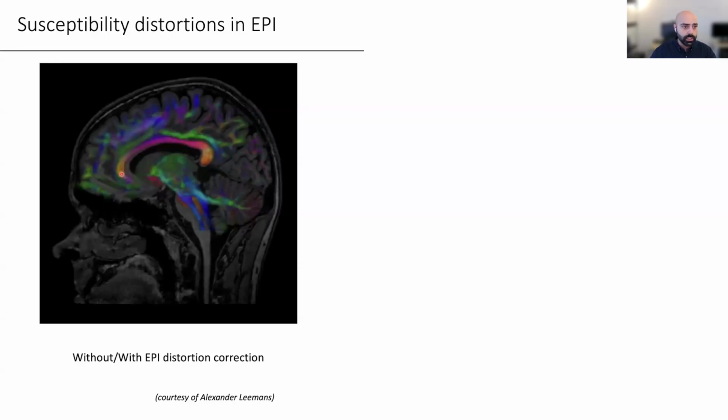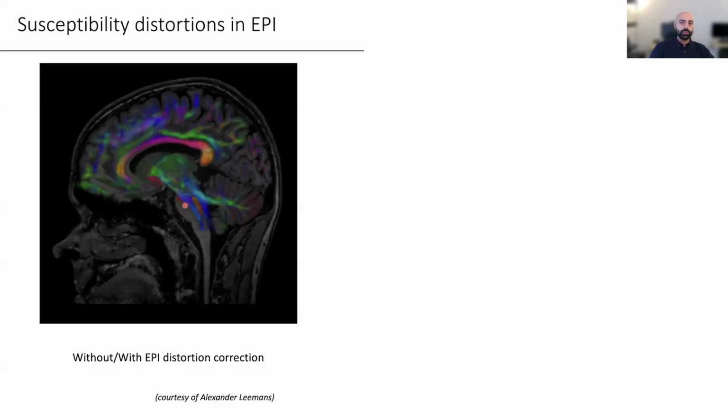The corpus callosum in diffusion is shifted much more anterior than the real corpus callosum from a T1. And by the time you get to the prefrontal or the frontal pole, the diffusion data indicates a location that's almost an entire gyrus removed from the real anatomy. This is also pronounced in the brainstem, where the pontine region is not properly located with diffusion data.